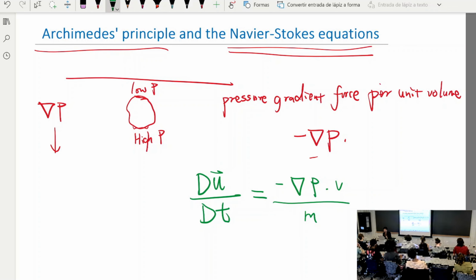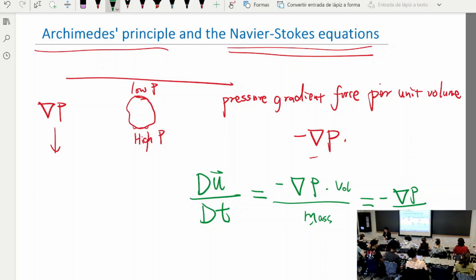For a fluid with uniform density, that's just grad P divided by rho, since mass over volume is the density of the fluid.